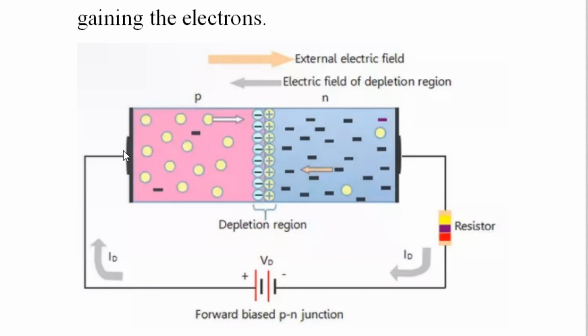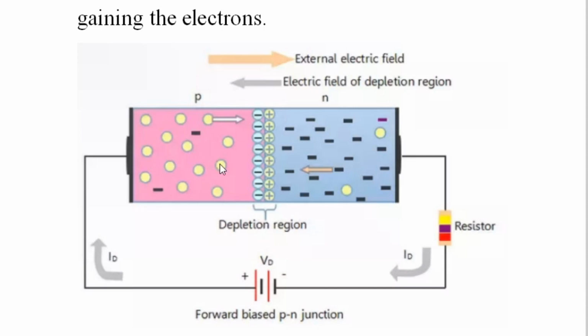Therefore, when electrons get occupied into the holes, the requirement of electron is satisfied, because a hole is nothing but a vacancy of electron.